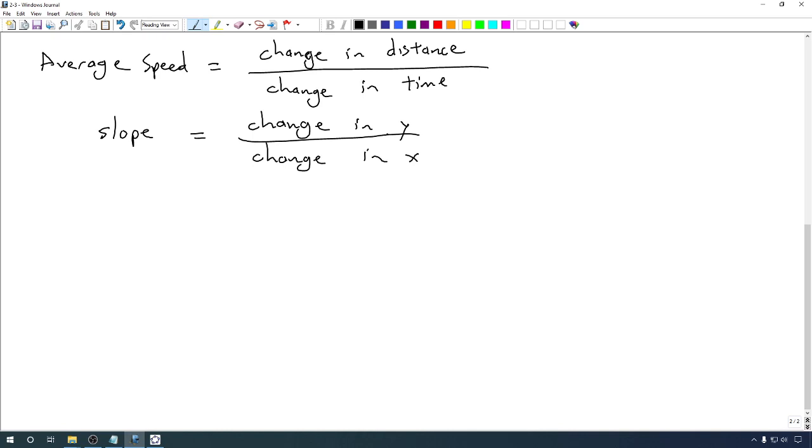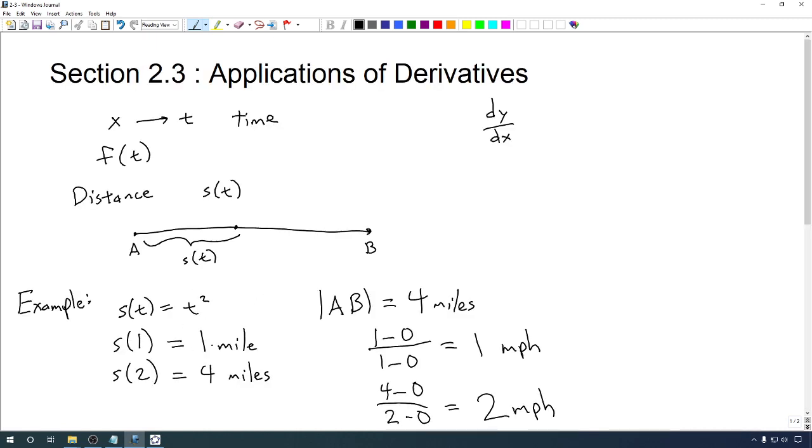But it's the same formula. And that means that if we want to work with average speeds, we could just look at the graph of the function, in this case t squared, and find slopes of secant lines.